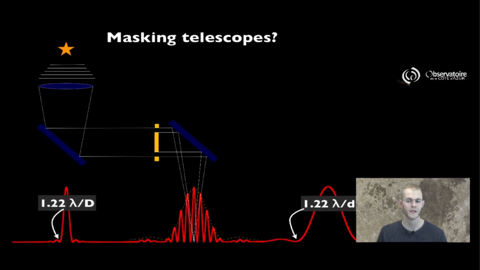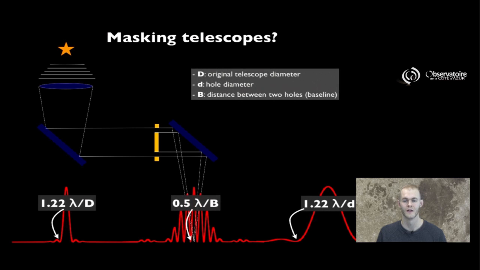And if you look at the characteristic size of these fringes, you will see that the first dark fringe, which would somehow indicate the resolving power of your setup, is not at 1.22 lambda on d, but at 0.5 lambda on b, where b is the interferometric baseline, or the distance that separates the two holes.